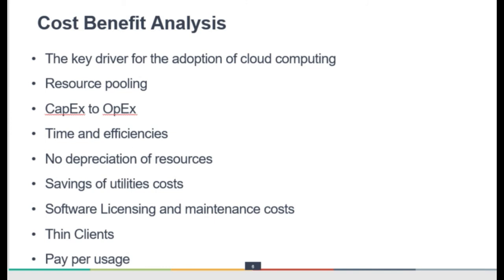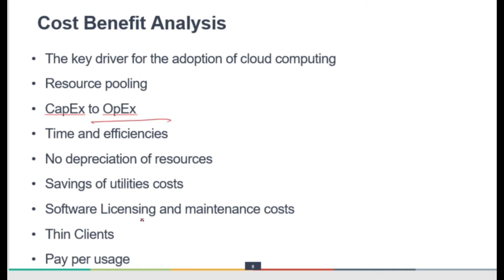Capex to OPEX, of course, because in this model we are moving from the traditional to the operational model. Time and efficiency: you save a lot of time in bringing up the services, and if we need redundant servers, they are available immediately, without any wastage of time. Depreciation of the resources, you don't need to consider, because you are in the OPEX model and not the CAPEX model.